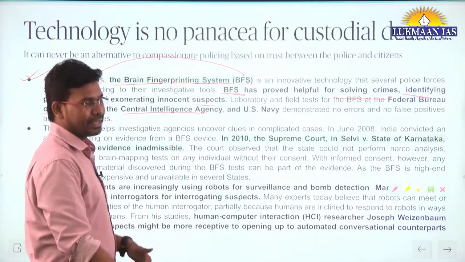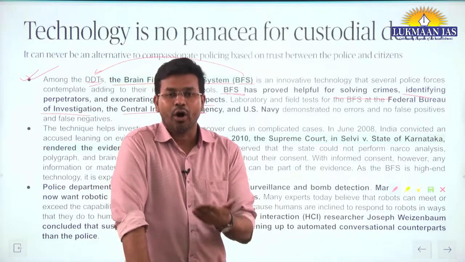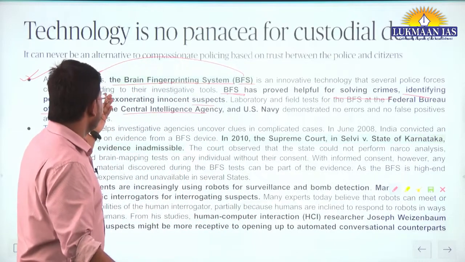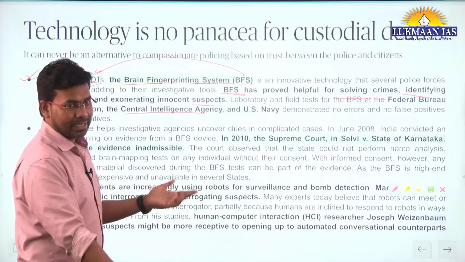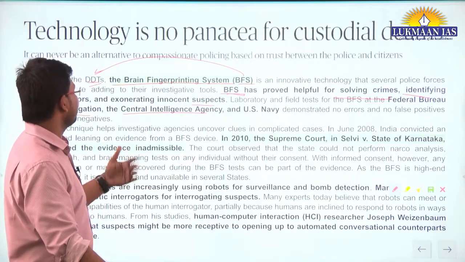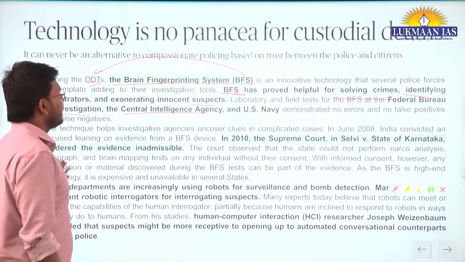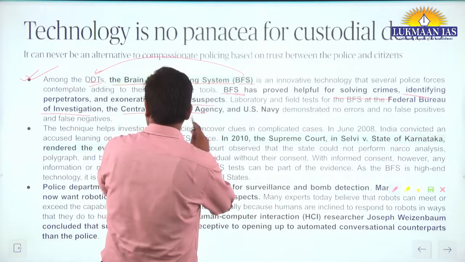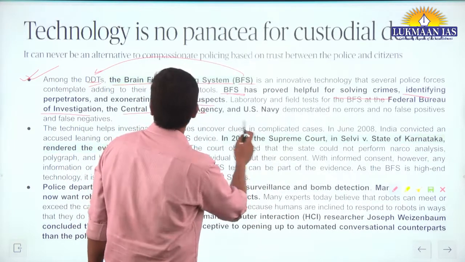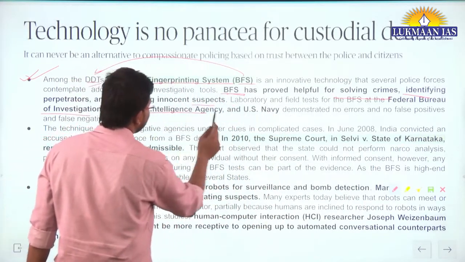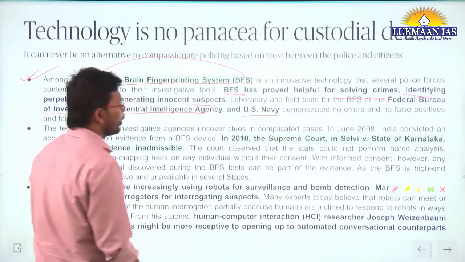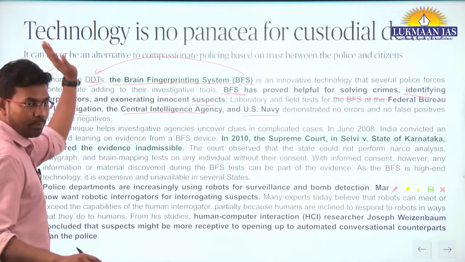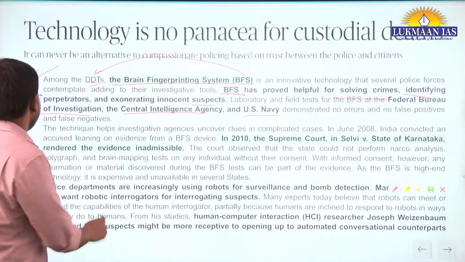Investigation. The FBI is an investigation agency of the United States of America. Then in India, the CBI, the Central Bureau of Investigation, can also use it. The author has mentioned US agencies like the FBI, the CIA, and also the US Navy, who have already employed this technique.